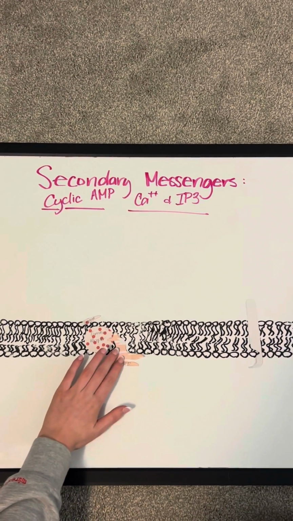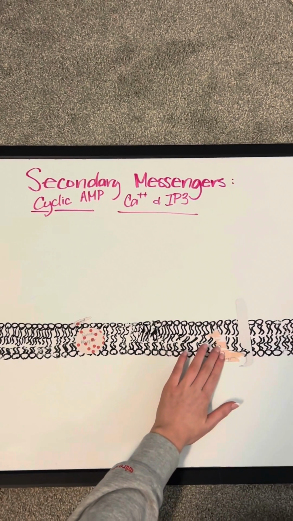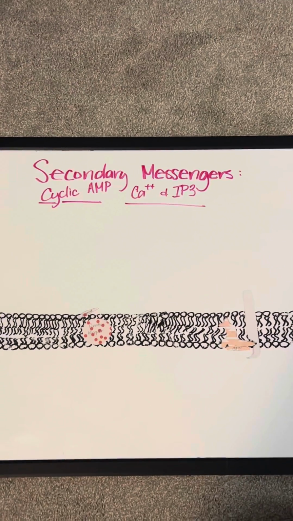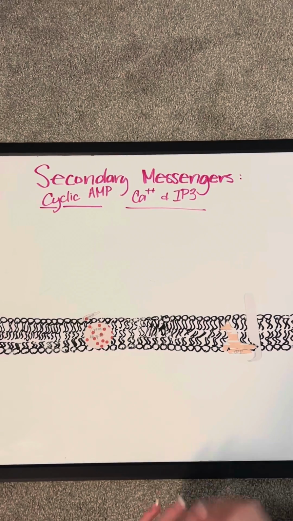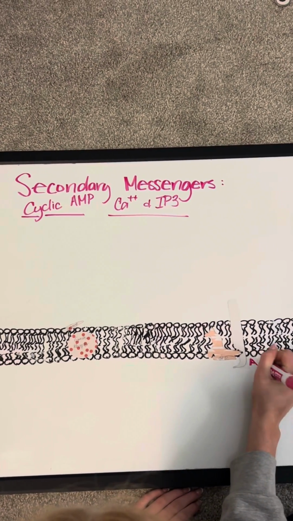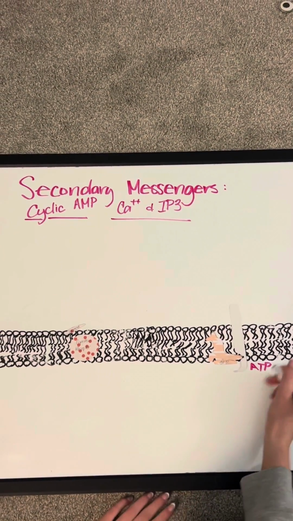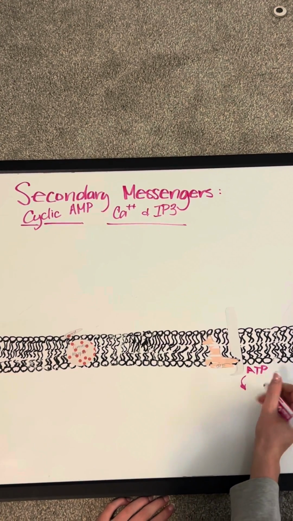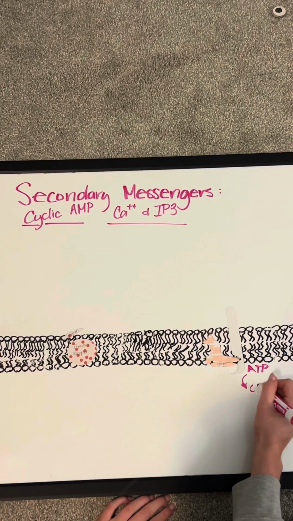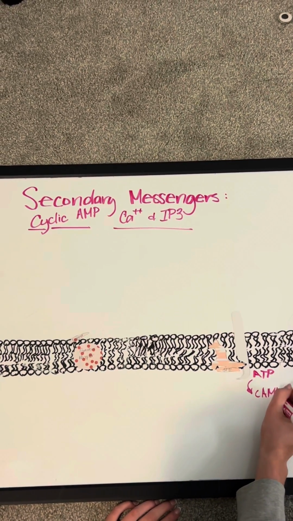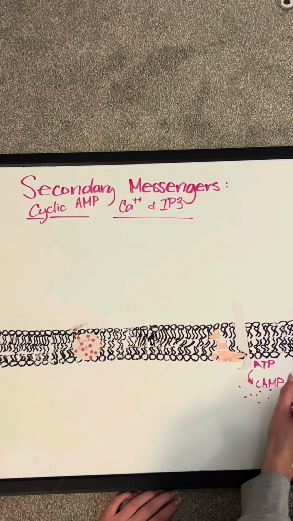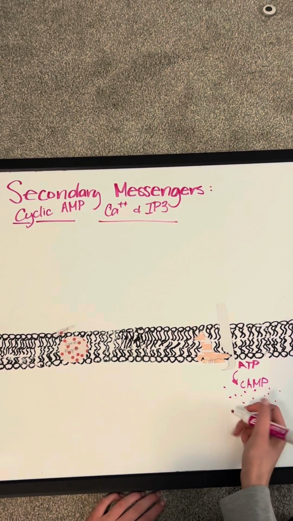The G protein goes to bind to this protein, which is able to make ATP. The ATP is able to change into cAMP, or cyclic AMP, and is able to produce all of this cyclic AMP.